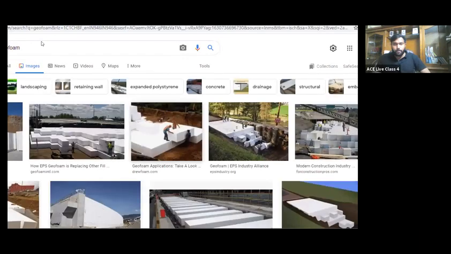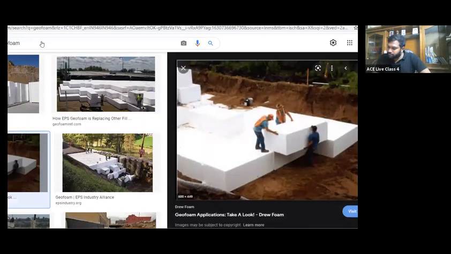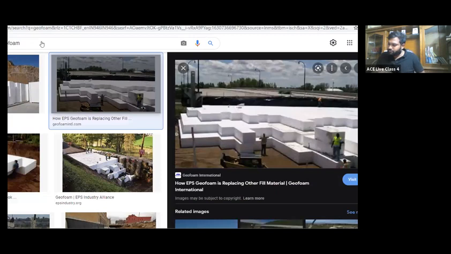Okay, so I hope you people can be seeing this. This is how it looks like. Geofoam.